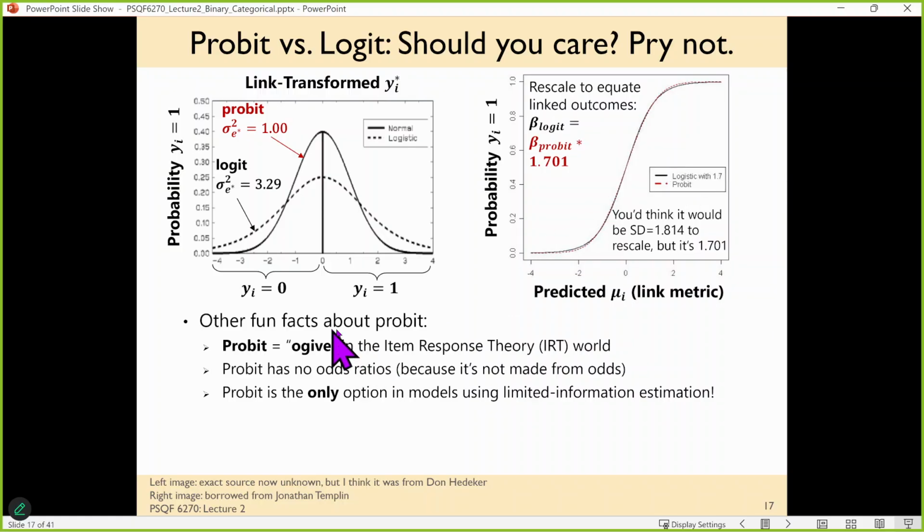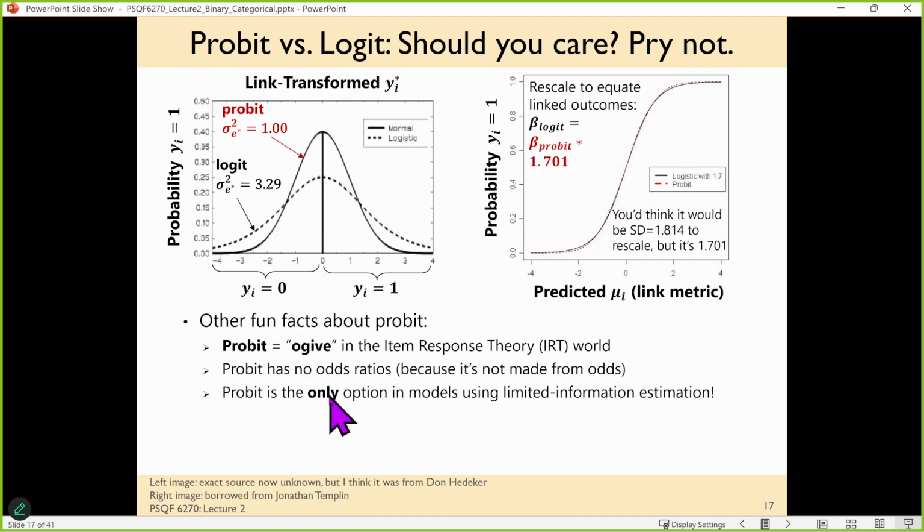Other things that I want you to know about probit: if you take item response theory, so that is latent variable models to predict categorical outcomes like this, probit is known as ogive. Probit does not have odds ratios because it's not built from odds at all. So we skip that entire middle layer when we talk about probits.